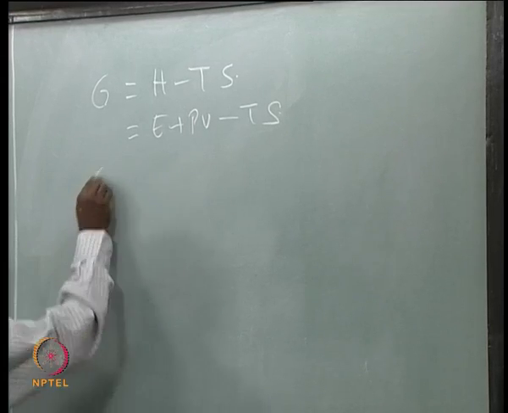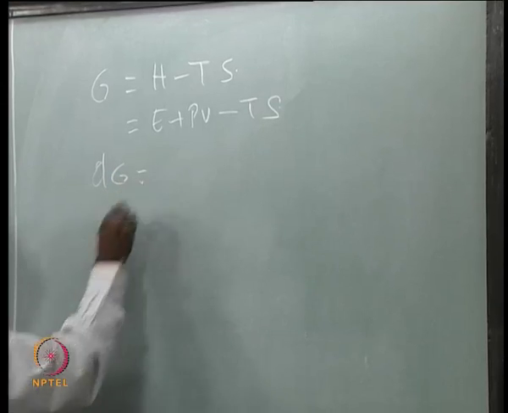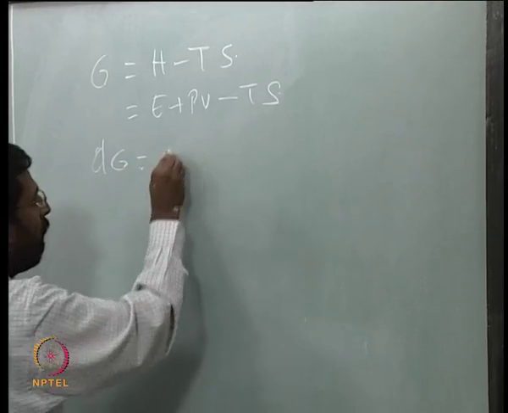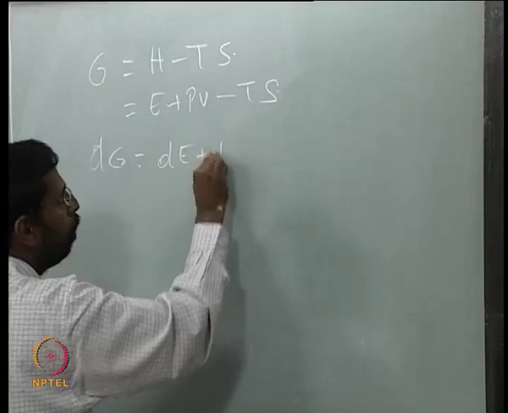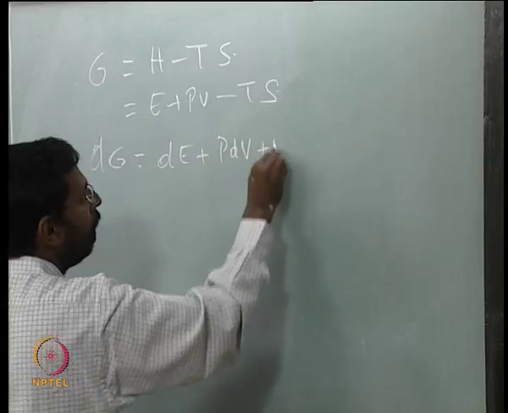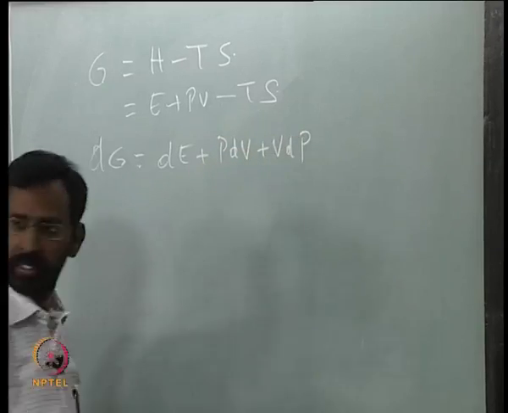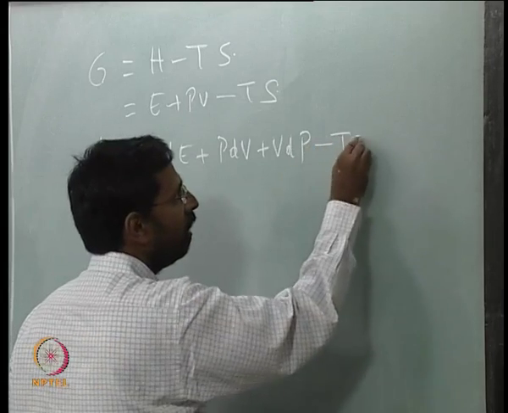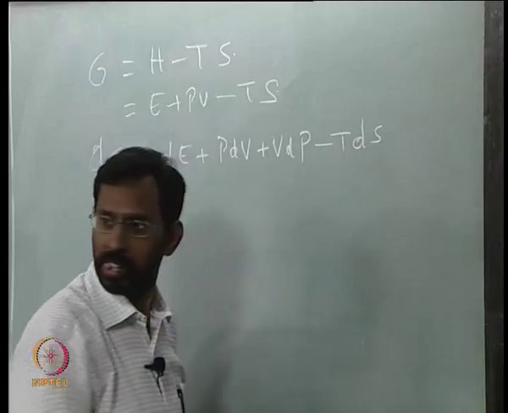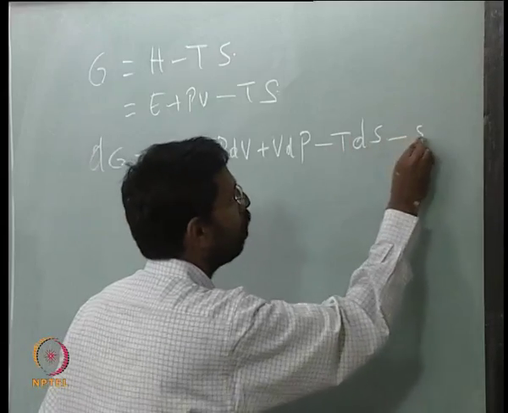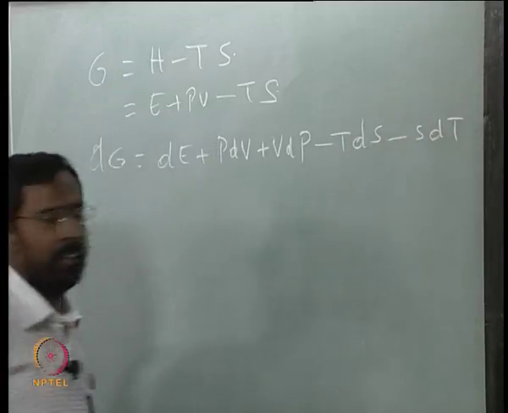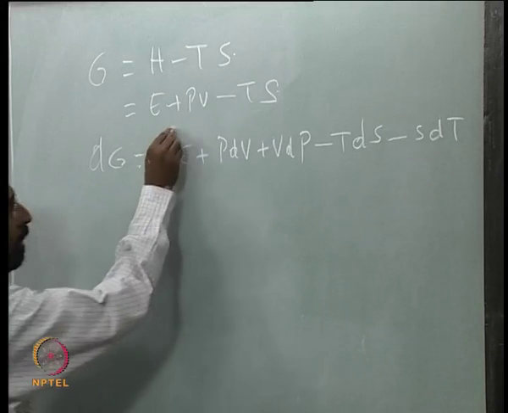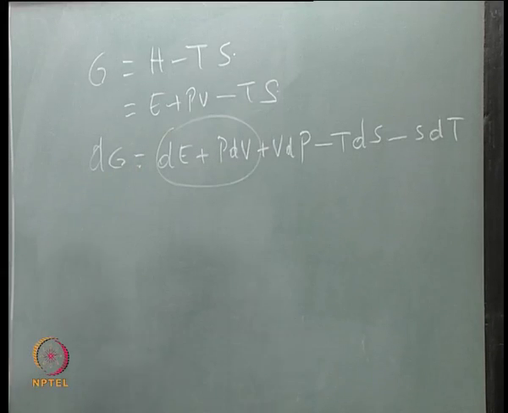If you try to differentiate it, I can write it as dG equal to dE plus PdV plus VdP. Am I right? Because it is a partial differentiation, and minus TdS minus SdT, perfect. Now if you look at it, dE plus PdV is dH.